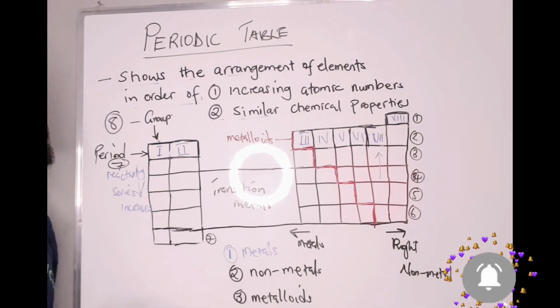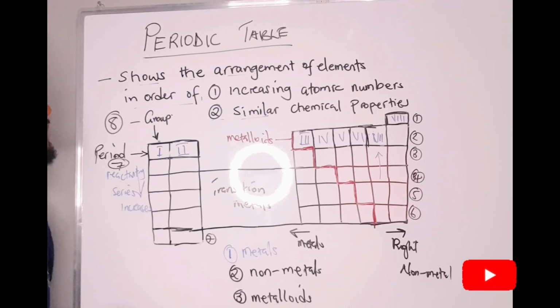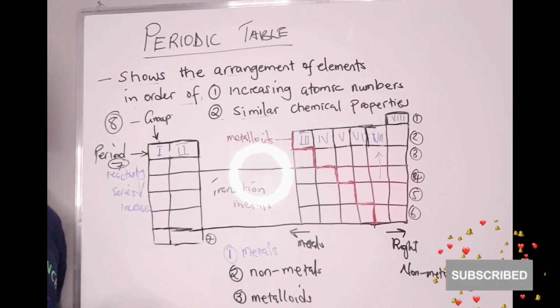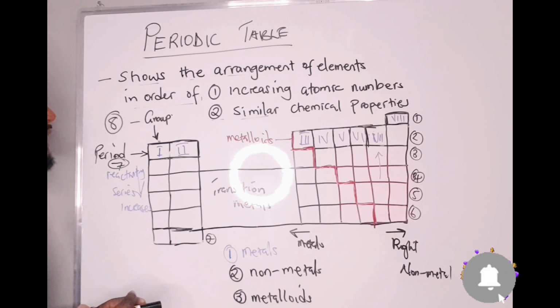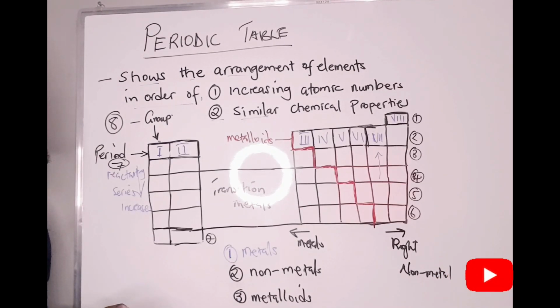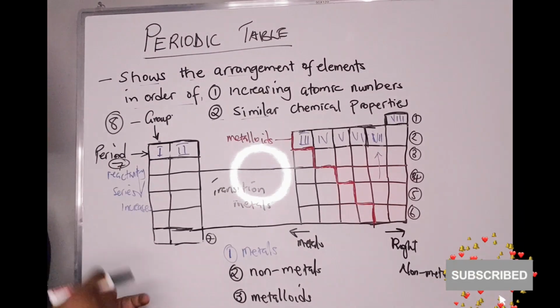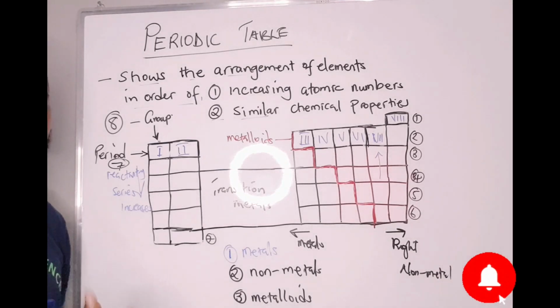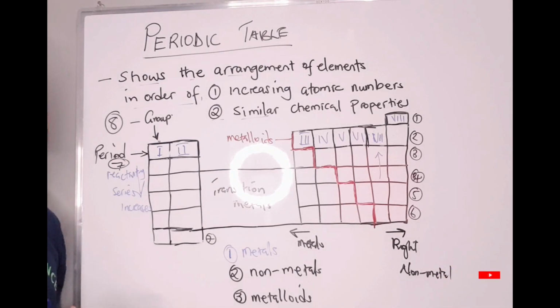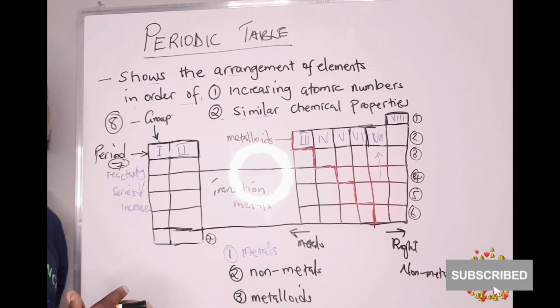So now what determines the arrangement of elements in periods? The arrangement of elements in periods is dependent on the number of occupied shells in its atomic structure.